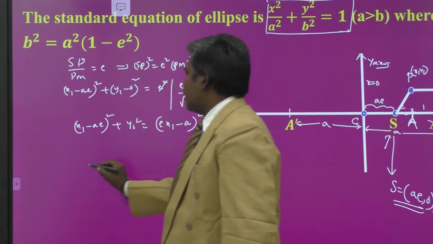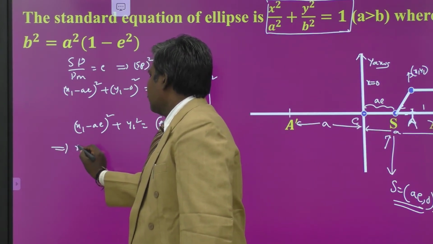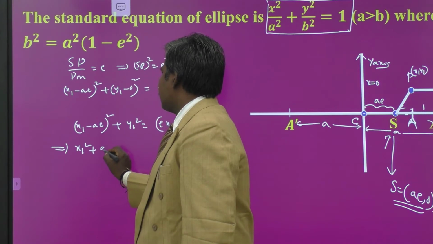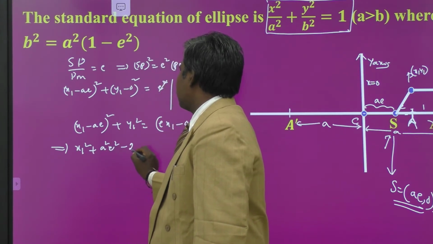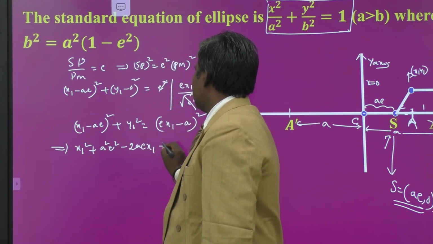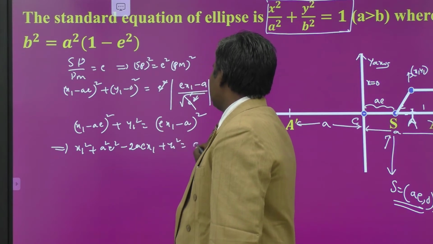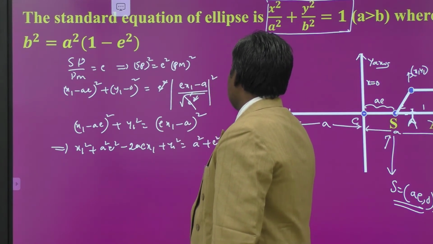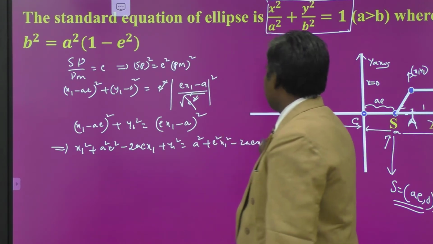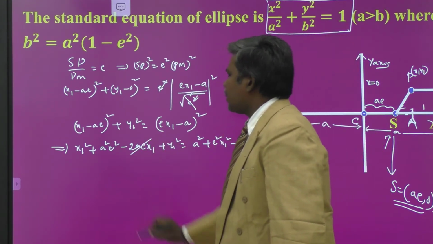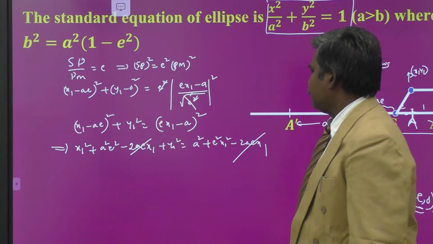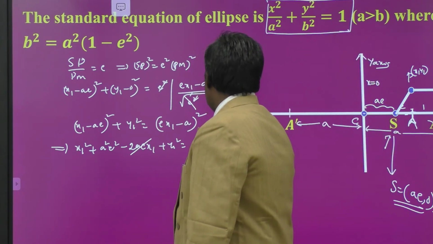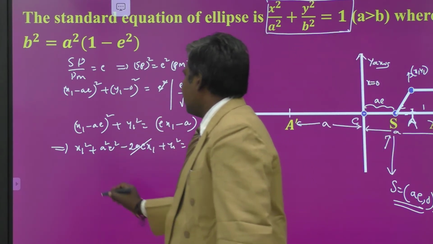Now expand this one. x1 square plus a square e square minus 2ae x1 plus y1 square is equal to a square plus e square x1 square minus 2ae x1. Minus 2ae x1 gets cancelled. Now take e square x1 square to the left side.